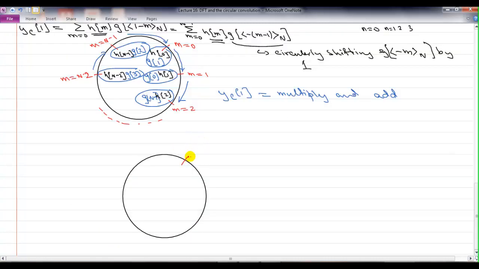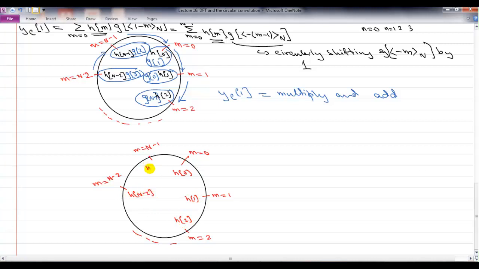Now we can move forward to yc2 by using a similar circular diagram, labeling the indices m equal to 0, 1, 2 up to n minus 2 and then n minus 1. Now we know that h will be put as it is, so we put h0, h1, h2, h of n minus 2 and h of n minus 1 at their usual locations.